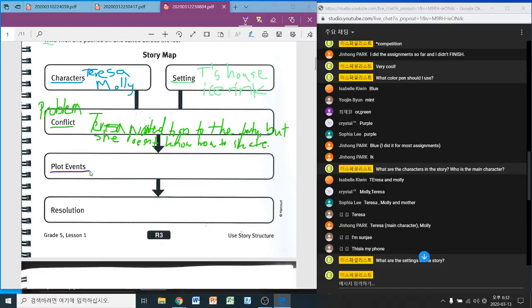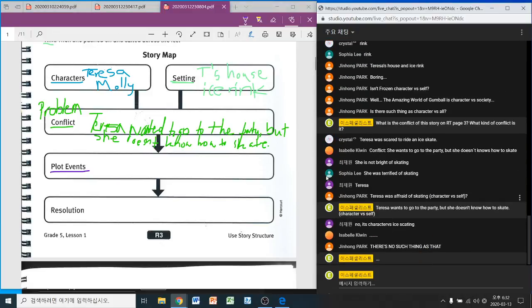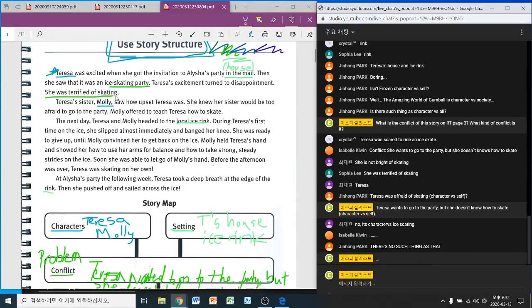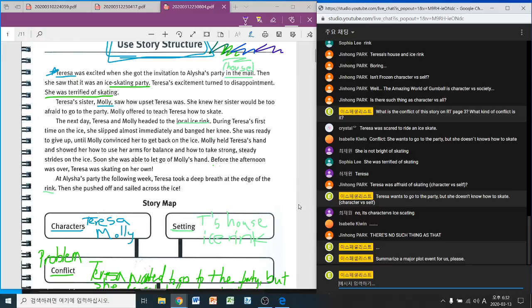Okay, so plot events. What happens in the middle of the story? Let's find the plot events in the story. So here we have the problem. She's terrified of skating. What happens in the middle? Summarize a major plot event for me, please. Everybody type it into the chat.